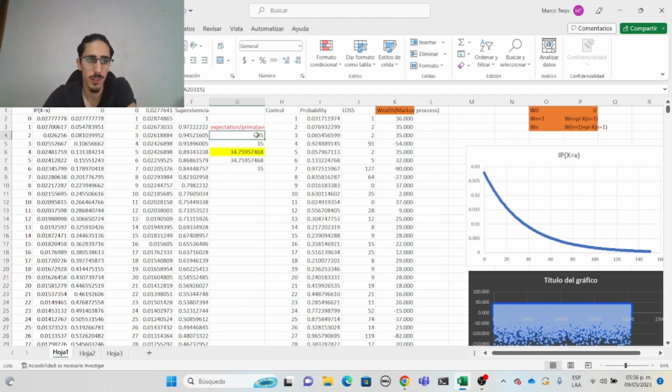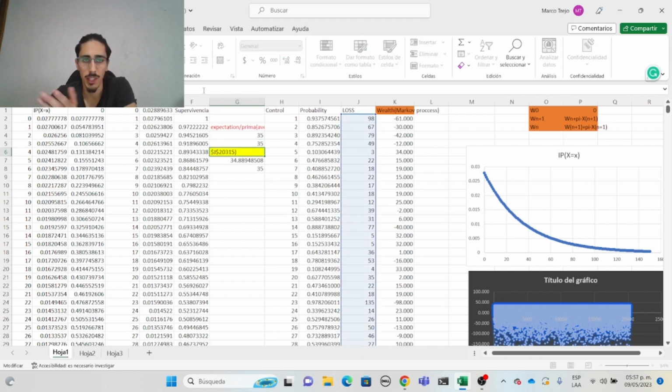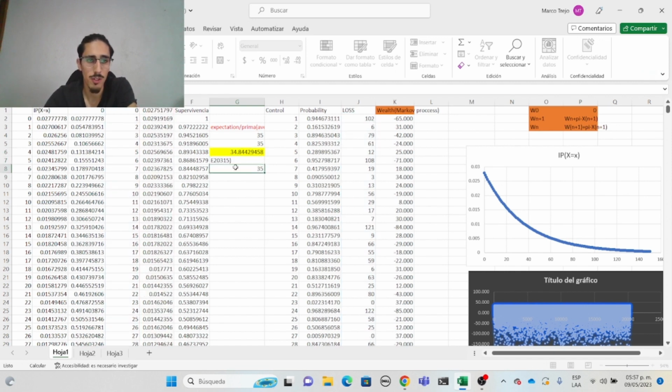To obtain it, we can use the sum product of the excess with the max function. We can also divide the probability of loss by the probability of success. We can also obtain the average of the loss with the sum product of the distribution, and the sum of the survival function.